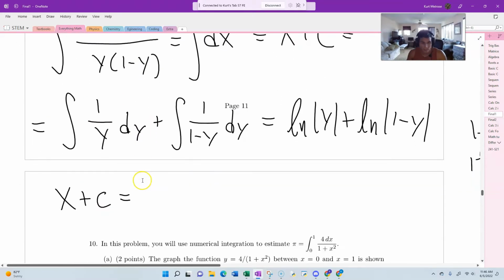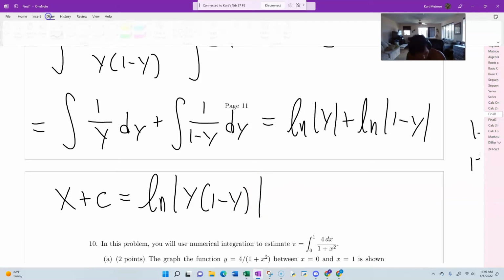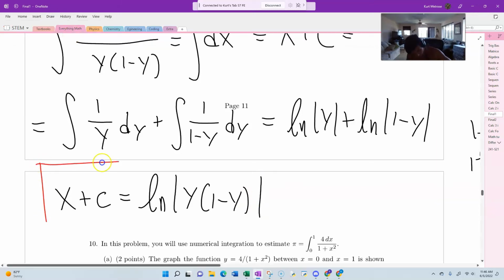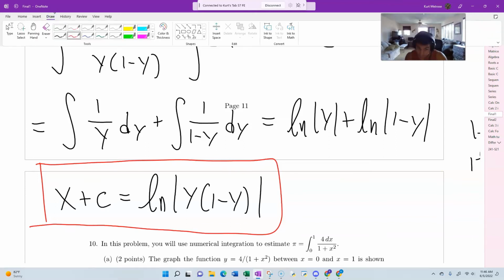We just want to solve the differential equation, so you can just leave it like this. When you have two natural logs added, you can multiply them, they're products. You can leave your answer like this. This is perfectly fine. You don't need to solve for y. There's no point. It's an implicit solution.